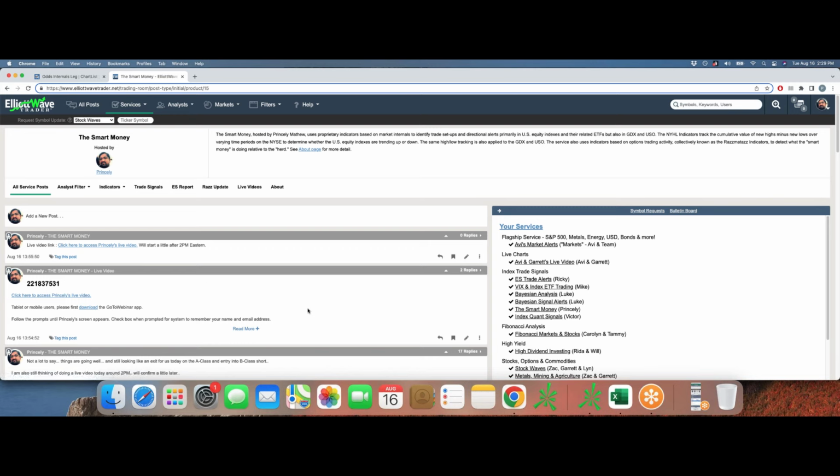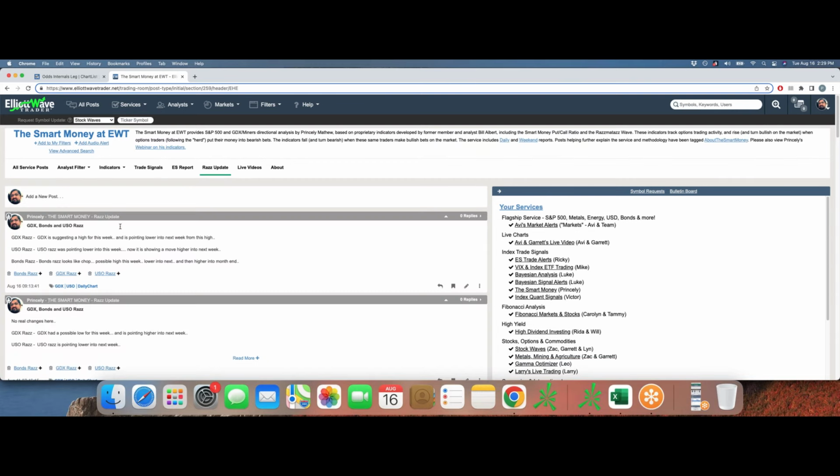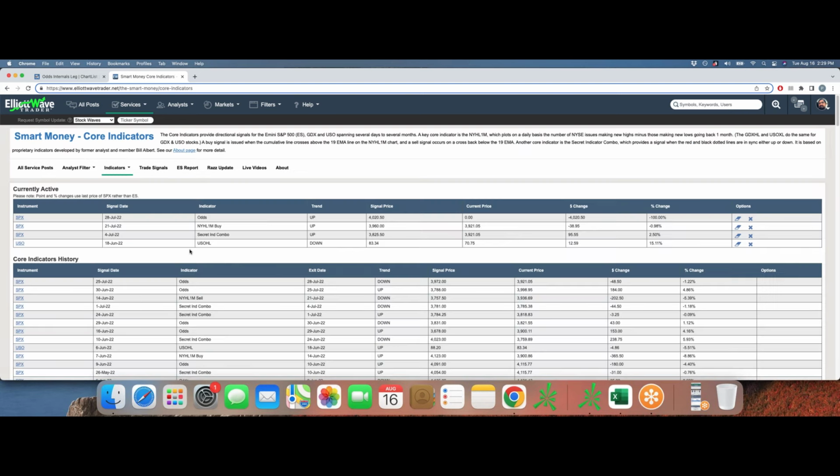So we've got the RAS charts, and I'm not doing the ES RAS right now. We've got X posting those, and I am posting the ones on bonds, GDX, and USO. Whenever I can, I'm doing that, but that's just a nice to know.